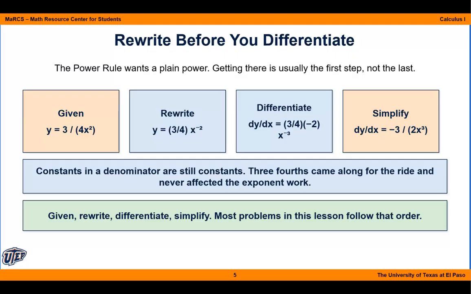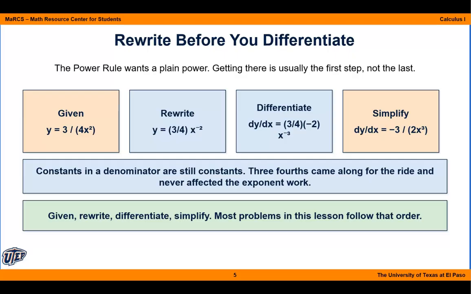The constant 3/4 remains in front, while the exponent negative 2 comes down and then decreases by 1. This will give us dy/dx is equal to 3/4 times negative 2 times x to the power negative 3, which simplifies to dy/dx is equal to negative 3 divided by 2x to the power 3.